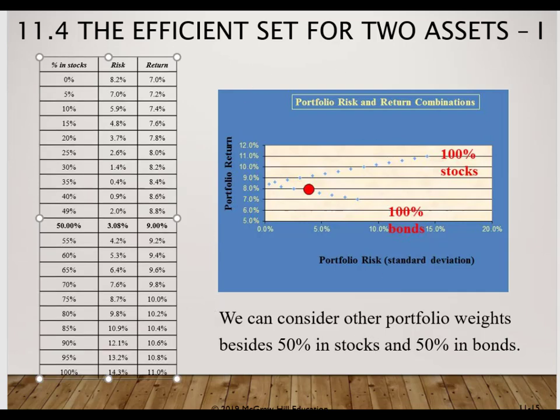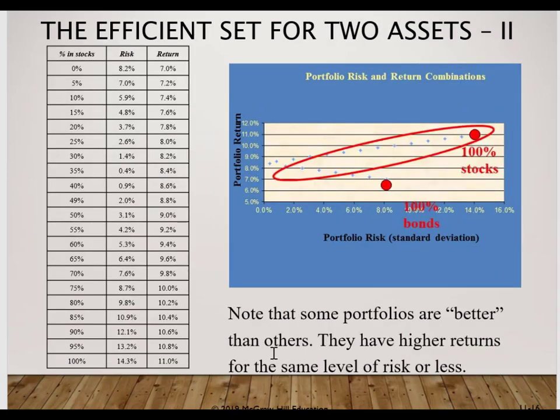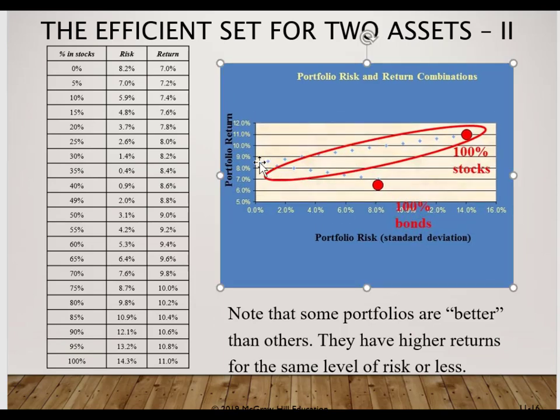So what we have when you have these combinations is we have to choose which portfolios are better than others. If you look at these portfolios, you can see that we have a circle here. This top line, this top set of dots, represents what we refer to as the efficient set.